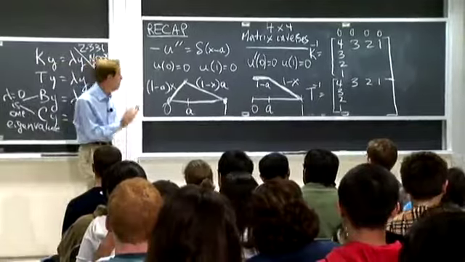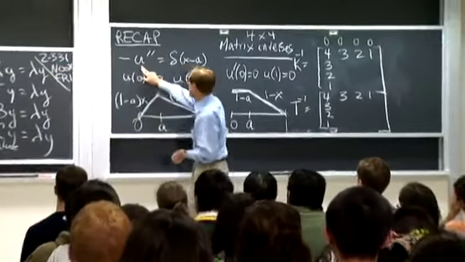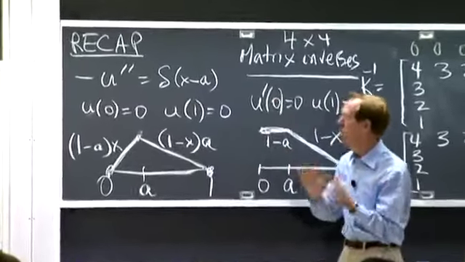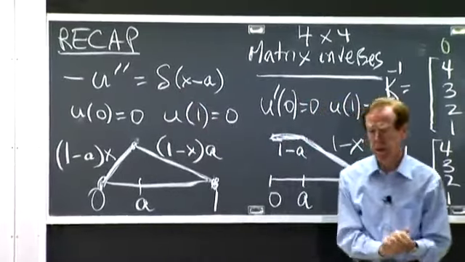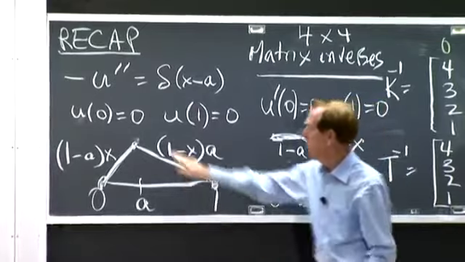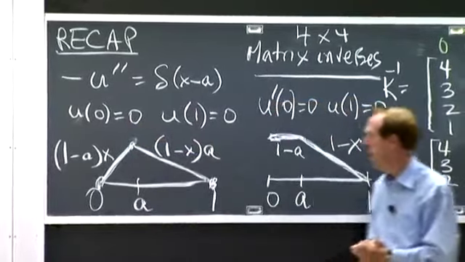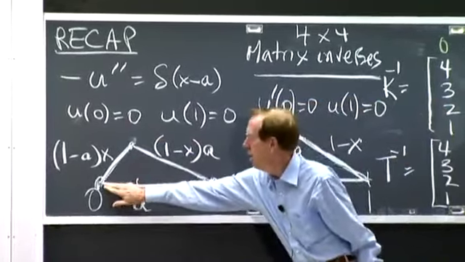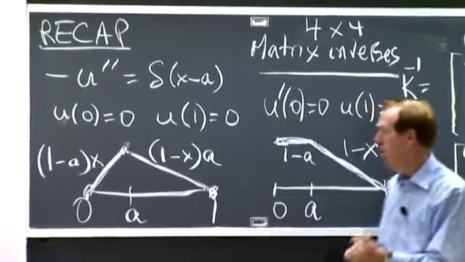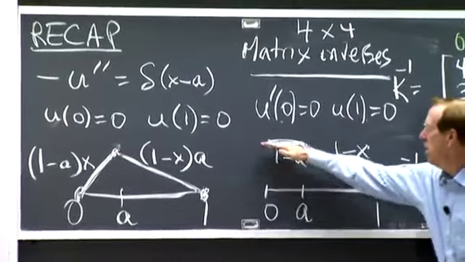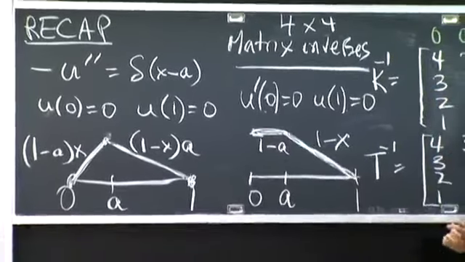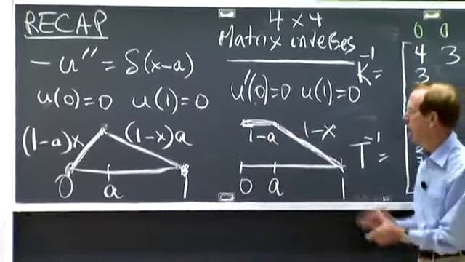So what we did was solve this very straightforward equation, straightforward except that it has a point source, a delta function. We solved it both in the fixed case, when a straight line went up and back down, and in the free fixed case, when it was a horizontal line and then down with slope -1.